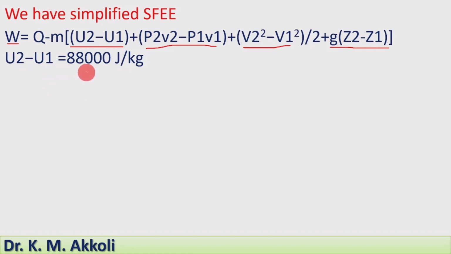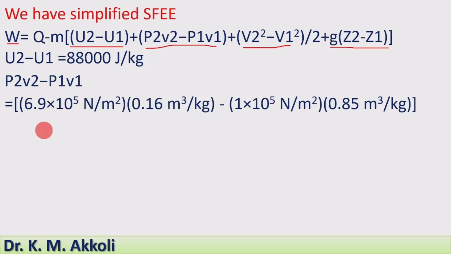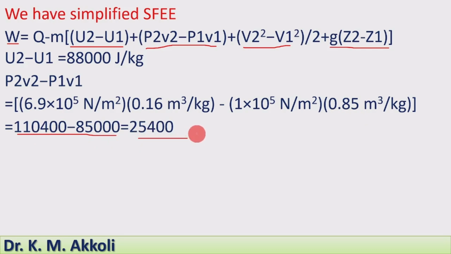U2 minus U1 is given in the numerical as 88,000 joule per kg. P2 V2 minus P1 V1 is equal to 6.9 into 10 raised to 5 multiplied with 0.16, minus 1 into 10 raised to 5 multiplied with 0.85. The difference of these two values will be 25,400.